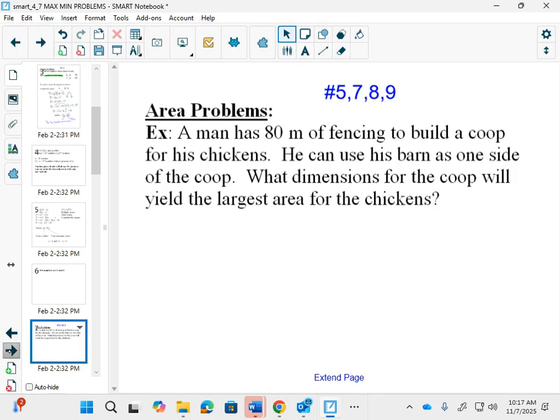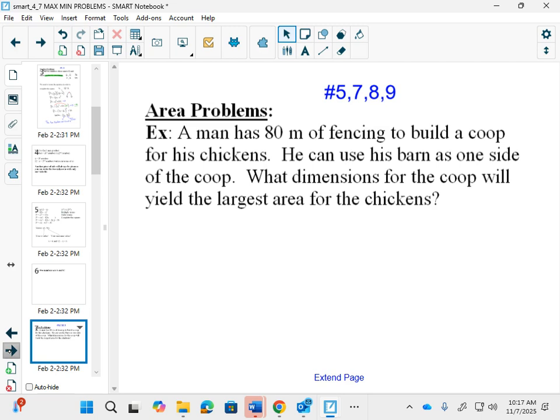Area problems. These are some of my favorites. A man has 80 meters of fence and wants to build a coop or an area for his chickens to be in.